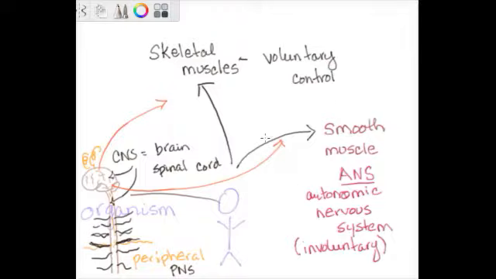And these two systems, the voluntary system, which is your skeletal muscle, and your involuntary system, your autonomic system, which controls smooth muscle, are working together and helping you to achieve homeostasis.